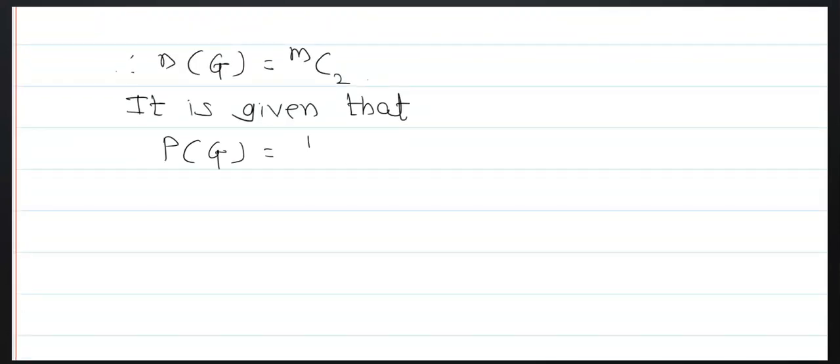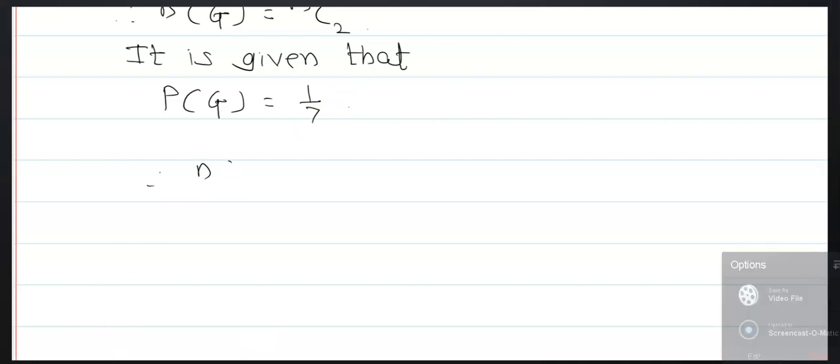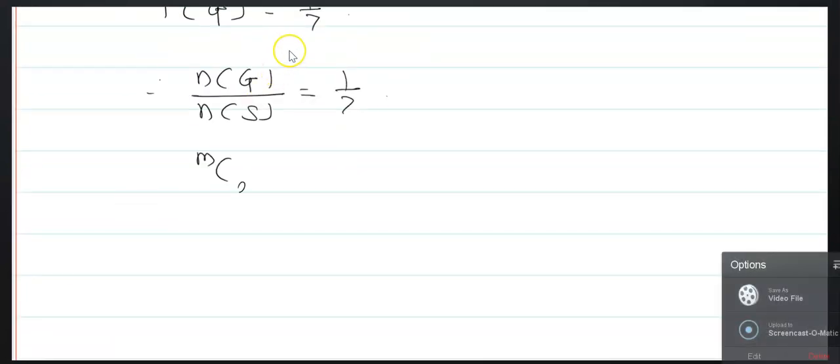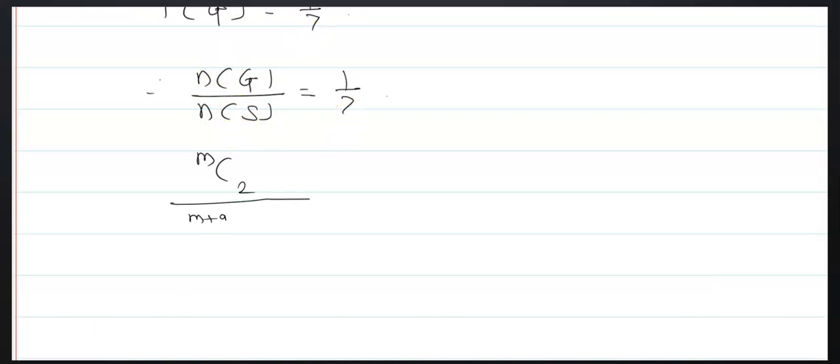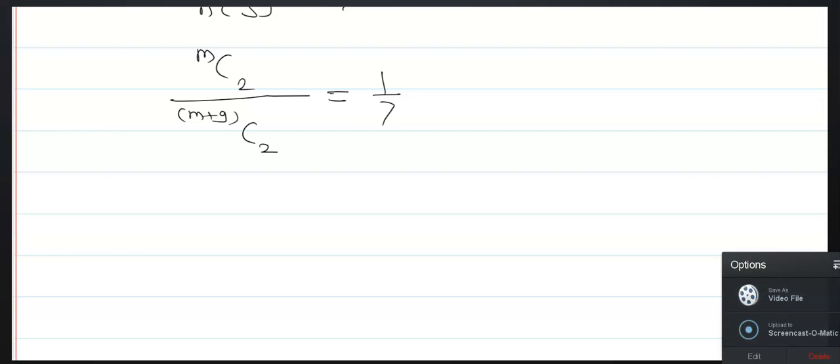It is given that P of G is equal to 1 upon 7. That is, n of G upon n of S is equal to 1 upon 7. So mC2 upon m plus 9 C 2 is equal to 1 upon 7.